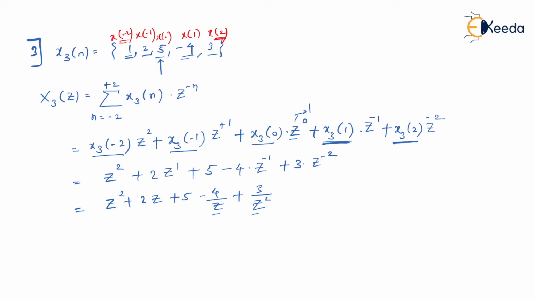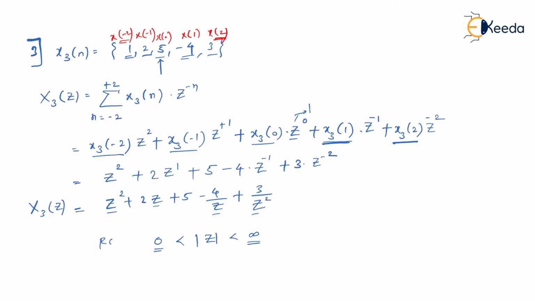It means z shouldn't be 0, otherwise x3 of z will become infinity. Also, z is present in the numerator, so z shouldn't be infinity either. What does that mean? Mod of z should lie between 0 and infinity. Mod of z should not be equal to 0, and mod of z should not be infinity. Either of them will make x3 of z infinite, which is undesirable.